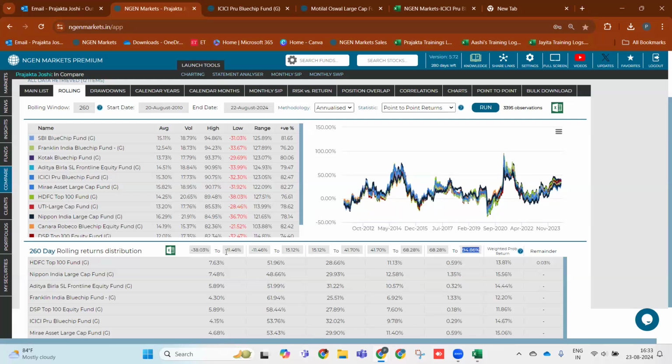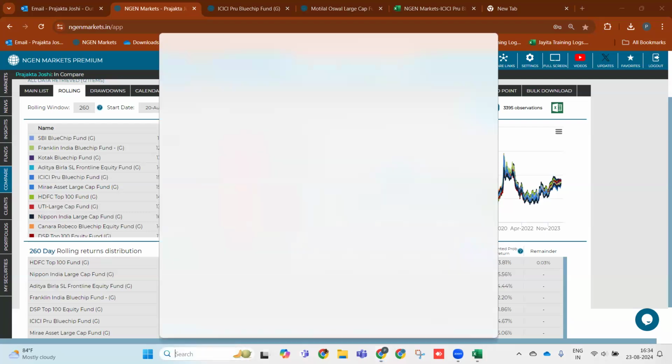To arrive at these intervals, what NGEN Markets will typically do is we can simulate that on a calculator. It will consider 5 buckets. So we'll just load in a calculator quickly.